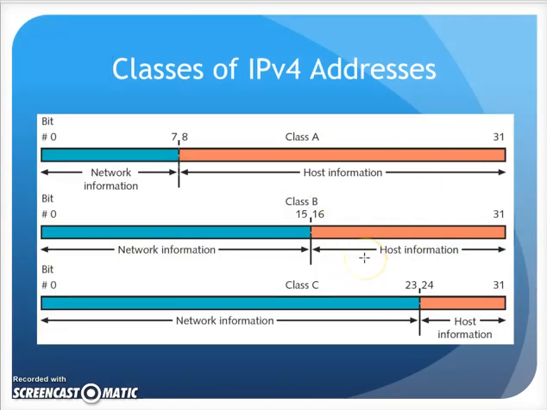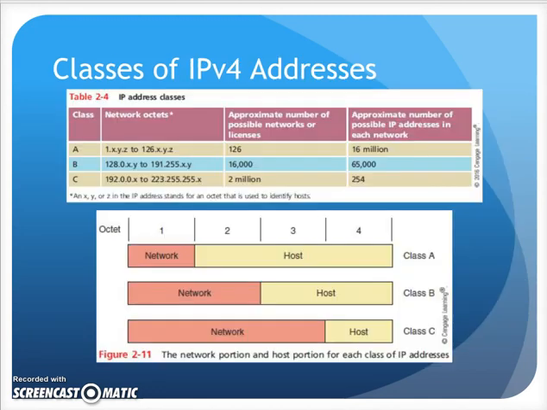This is one of the graphics that books often show you. Class A, the first 8 bits up here are for network, the remaining 24 host. Class B, first 16, remaining 16 for host. Class C, the first 24 is for network, the remaining 8 is for host. So that's just showing the breakdown. Same thing with this one down here.